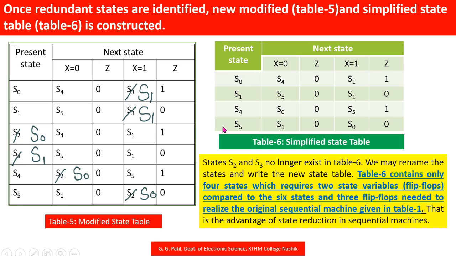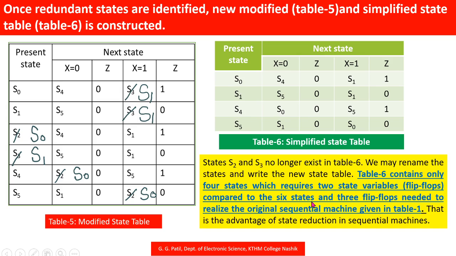Now the main advantage of state reduction is that this state table contains only 4 states, and actually it was containing 6 states. To implement a state machine having 4 states requires 2 state variables, or flip-flops.